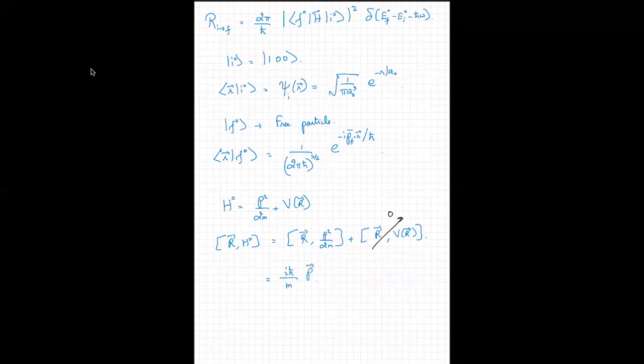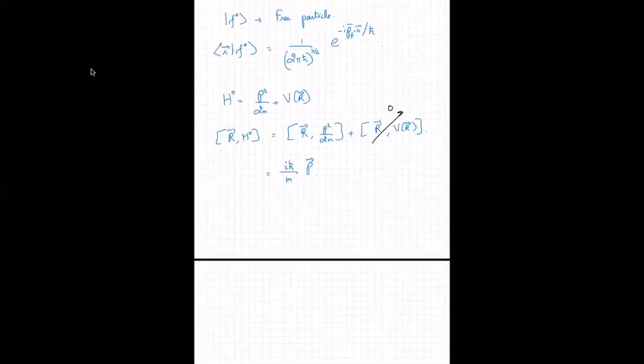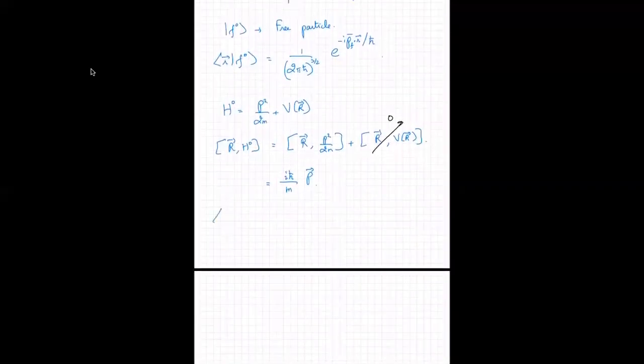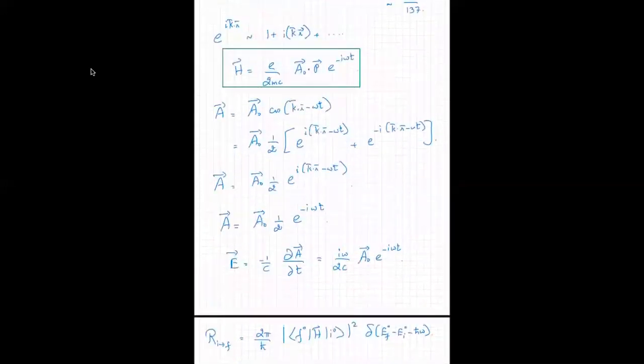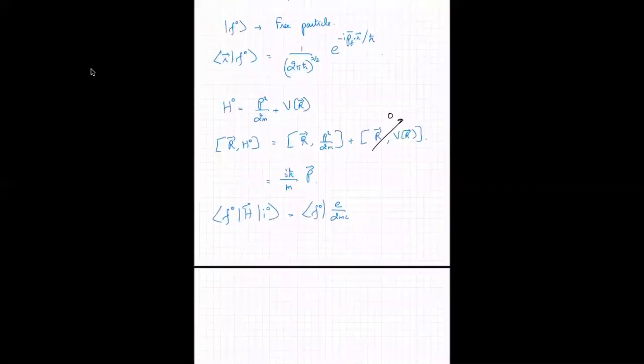Okay. So the task of evaluating the matrix element F0 H tilde I0 is equal to F0 H tilde, e over 2mc times A0 dot P. Of course, there is an e to the minus i omega t piece as well, but as far as the matrix element is concerned, it will just come out. It's just a constant.